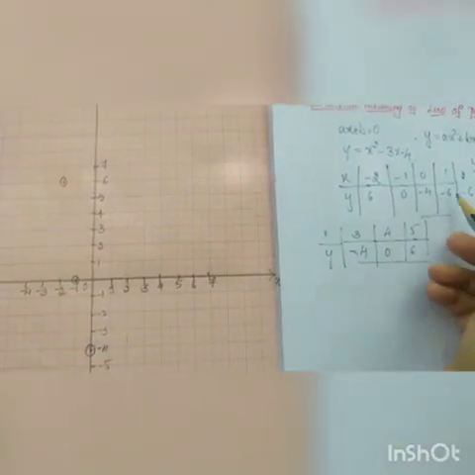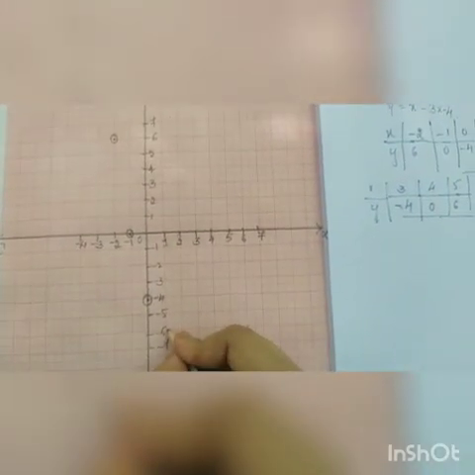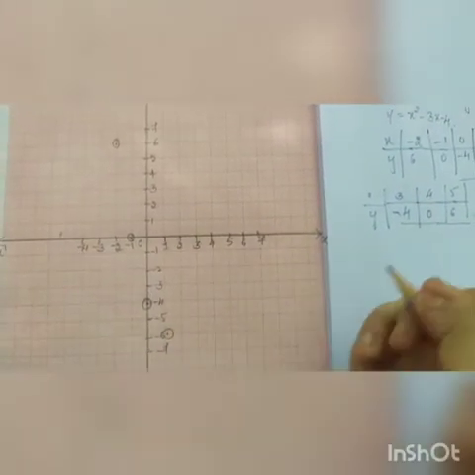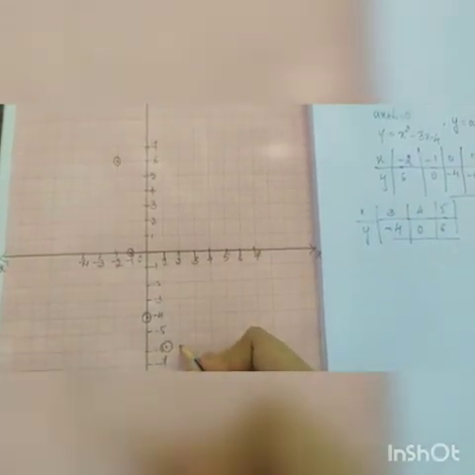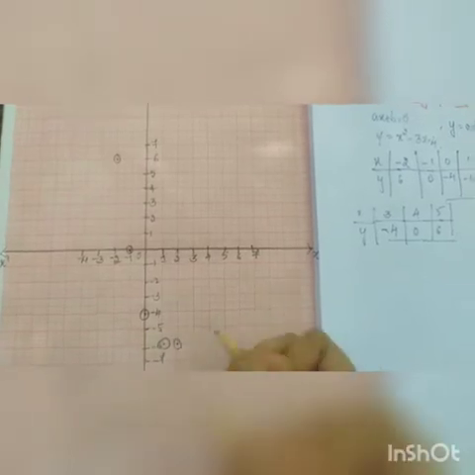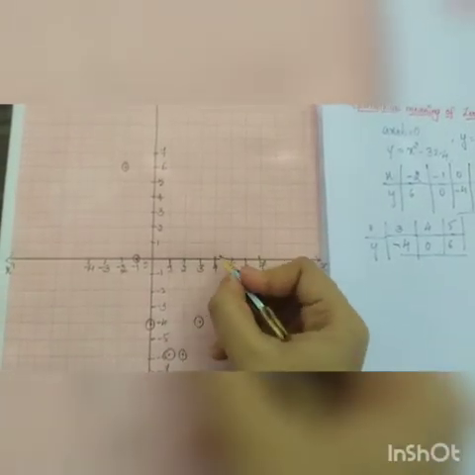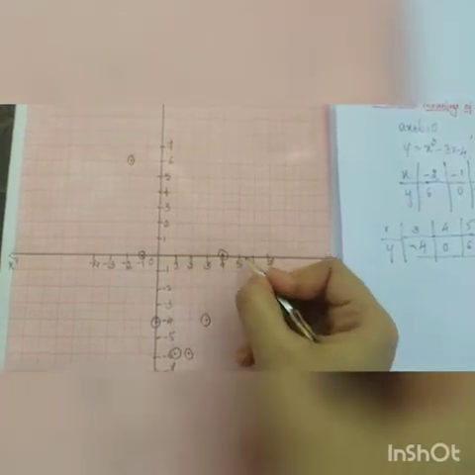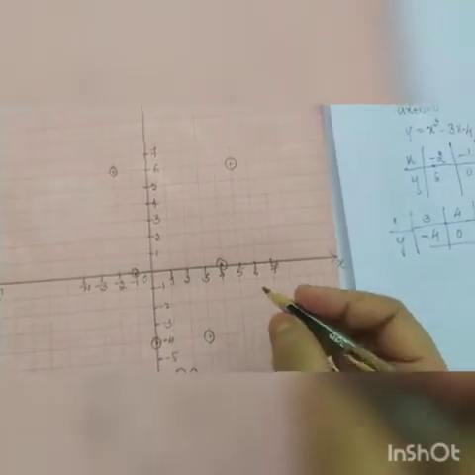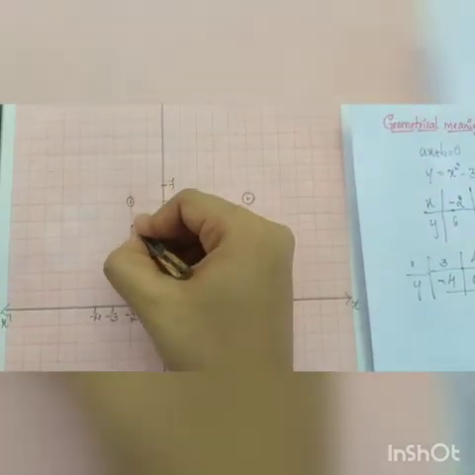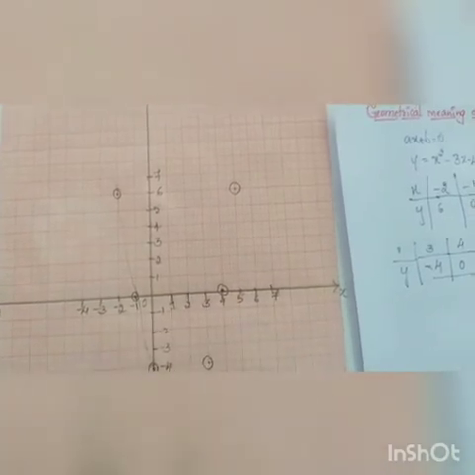Next is 1 comma minus 6, 2 comma minus 6, then 3 comma minus 4, 4 comma 0, and 5 comma 6. Let me draw an imaginary line through these points.